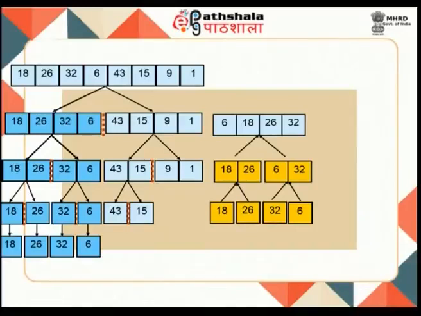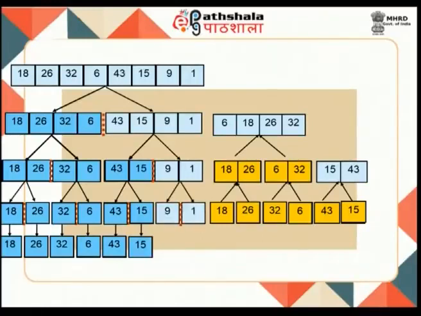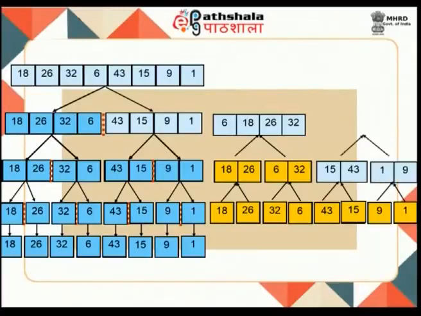You can see very well I can't go further, therefore I am trying to merge this to get the sorted list. So I am repeating for the other sub array. So you can see very well it becomes like this.